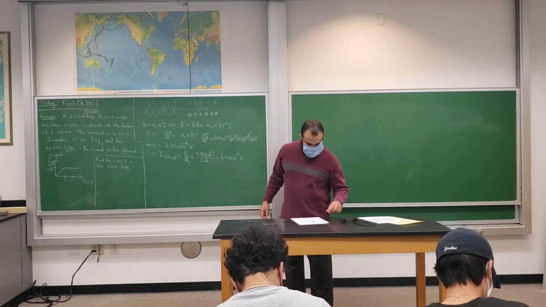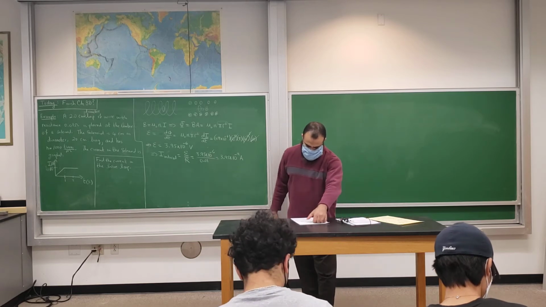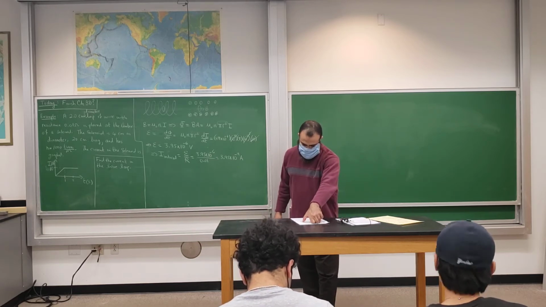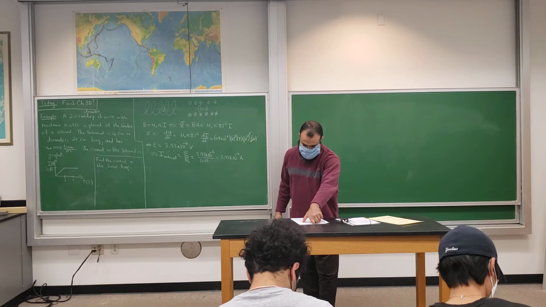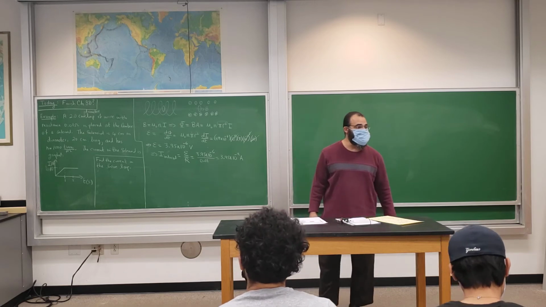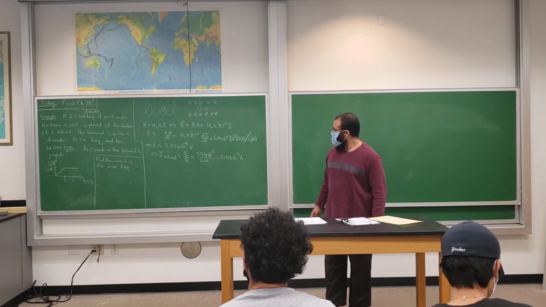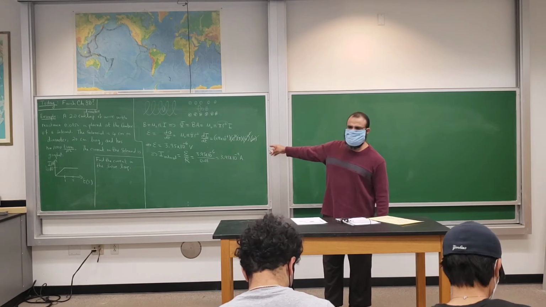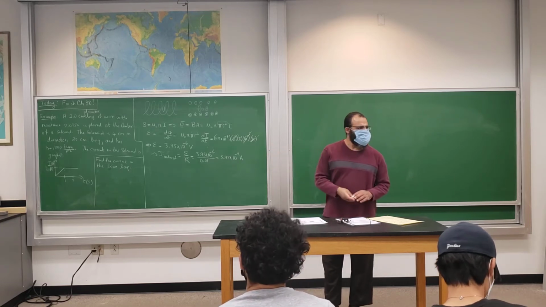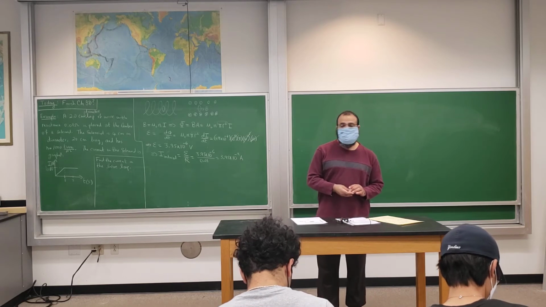Let me just check in my notes. Mu naught, little n times the area times di dt. Okay, well, that's what we get. I suspect I made a mistake here, but I don't get how we cancel out all these things.